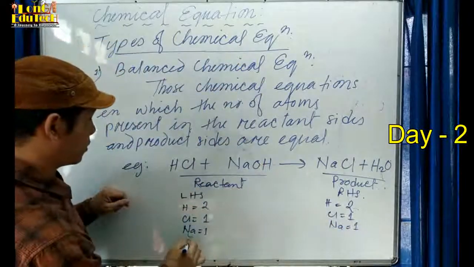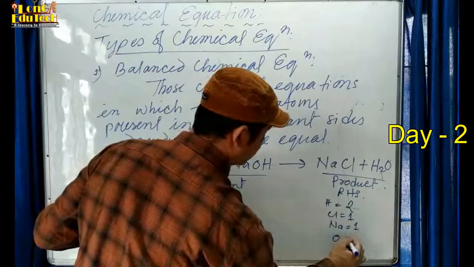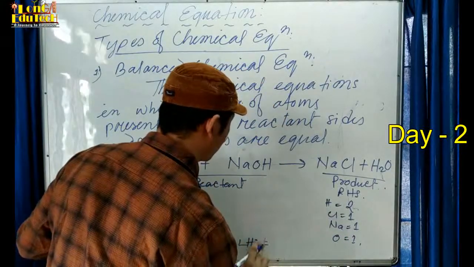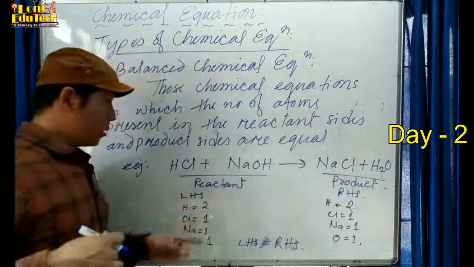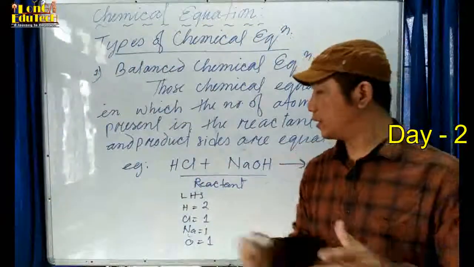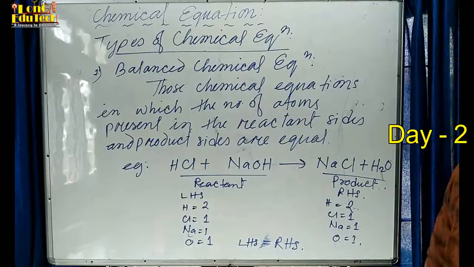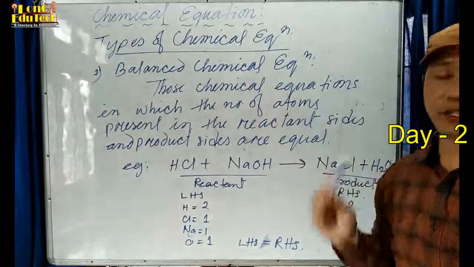What about oxygen? Oxygen is 1 here, and also 1 there. So the left hand side is equal to the right hand side. The numbers of atoms in the reactant side and product side are equal, so this chemical equation is called a balanced chemical equation.